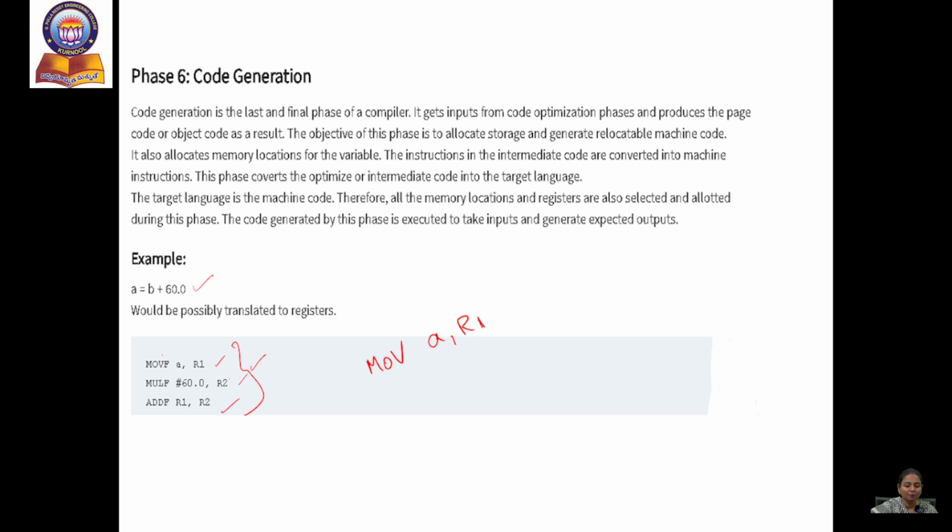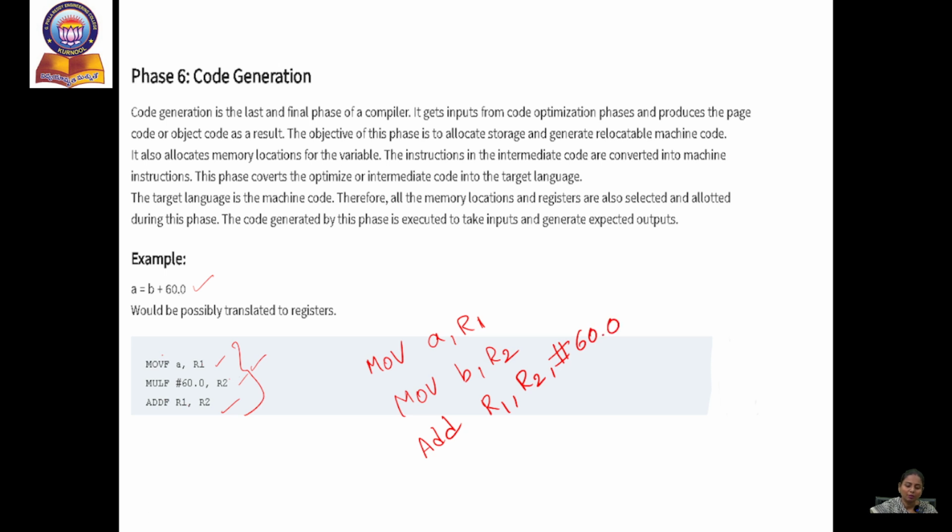Now we have the B plus 60, so we can write it as move B comma R2, and we can write add R1 comma R2 comma 60.0.